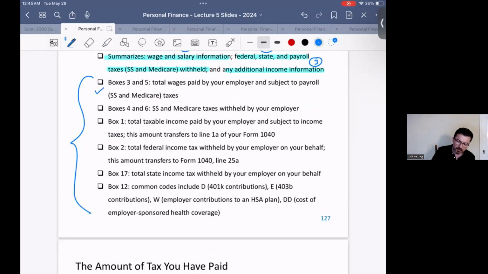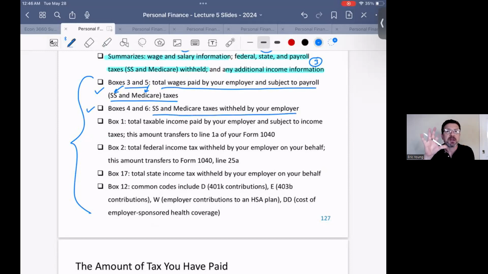Specifically, boxes 3 and 5 show the total wages paid by your employer and subject to SS and Medicare taxes. Box 3 shows your SS tax base. Box 5 shows your Medicare tax base. Boxes 4 and 6 are also tied to SS and Medicare.